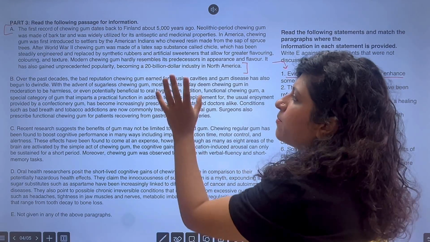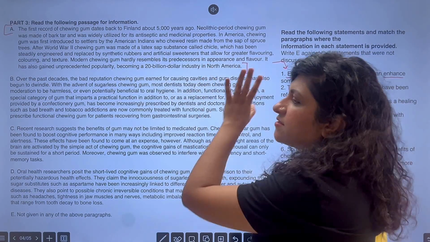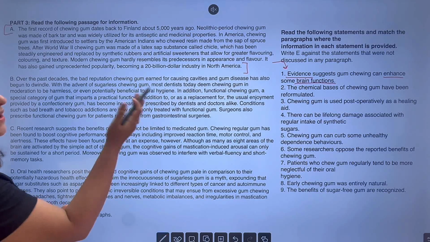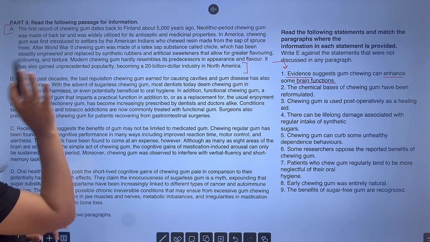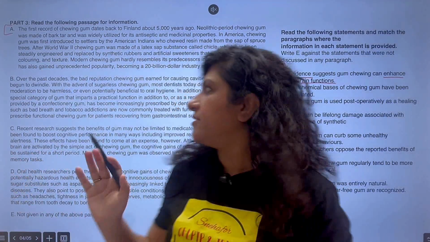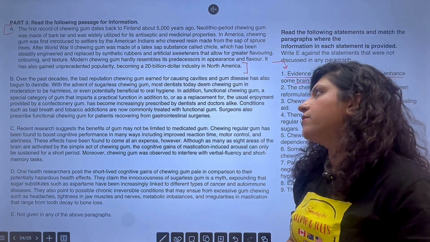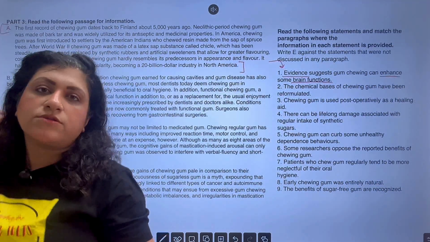Then it says modern chewing gum hardly resembles its predecessors in both color and appearance and flavor. Then it says that it has gained massive popularity and it is a really big industry today in North America. So this is what para A talks about.